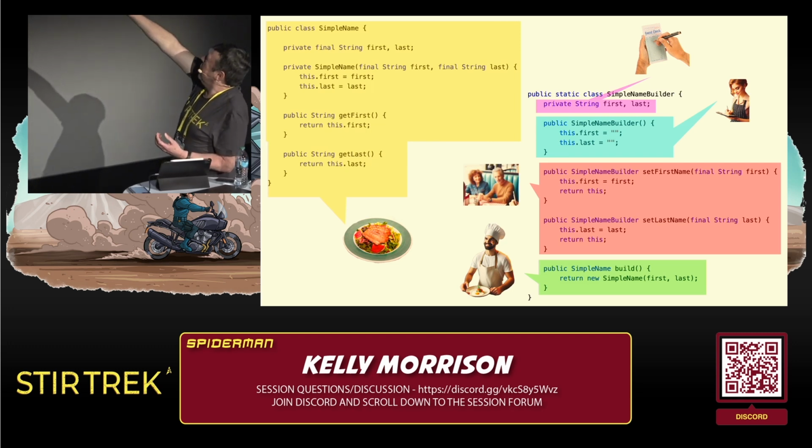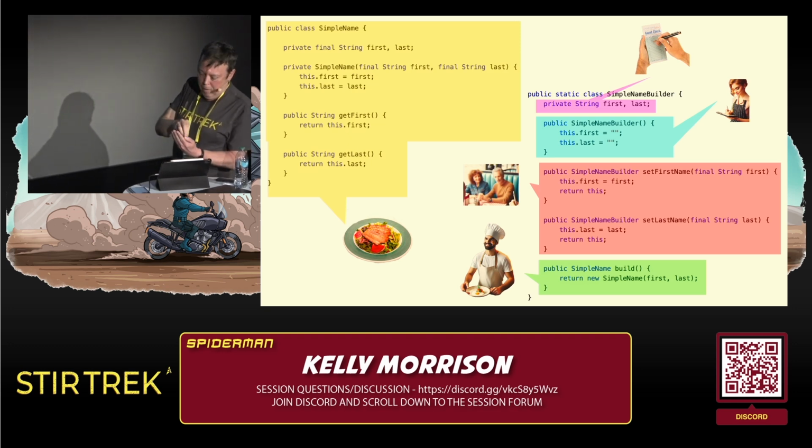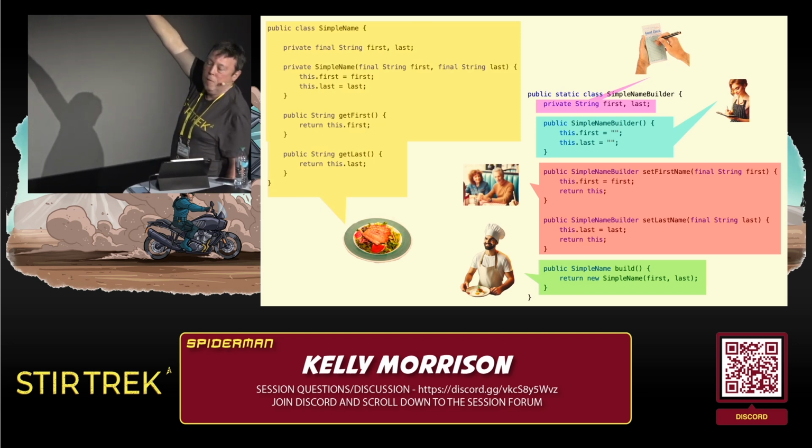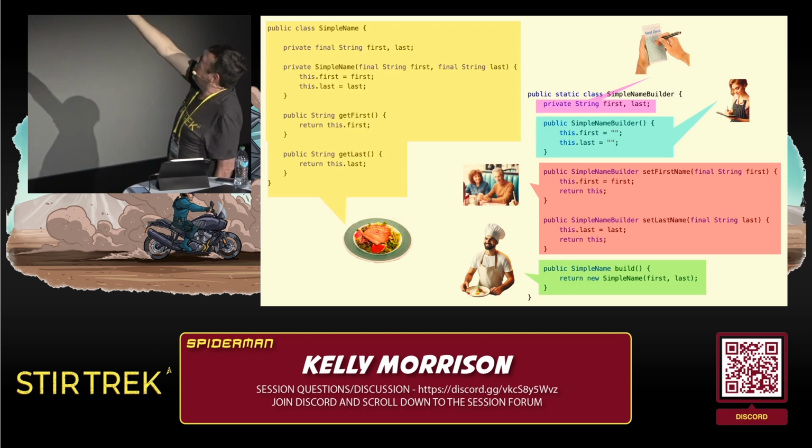Then as the customer tells the waitress what they'd like, I'd like a first name, I'd like a last name, you can think of her as writing things down on her scratch pad. So for example, the set first name there, it's like the customer saying, I want the first name to be this. This dot first equal first is like her writing it down on her little scratch pad, the instance variables up there. And then return this basically returns the builder back.